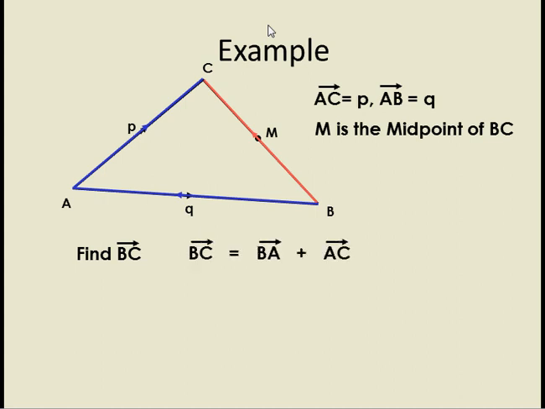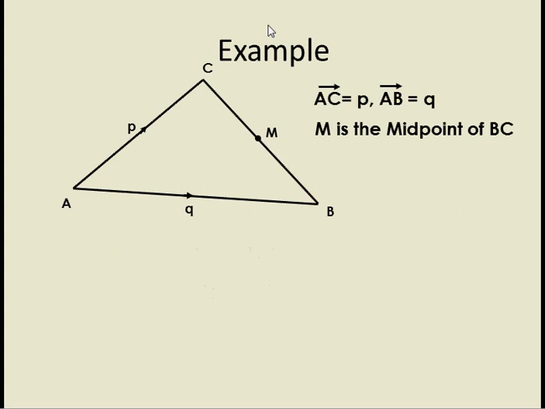BA is negative Q and AC is P, so it is P minus Q. Carrying on this example, we need to find BM. BM, that's just half of BC. So it's half of what we had before.